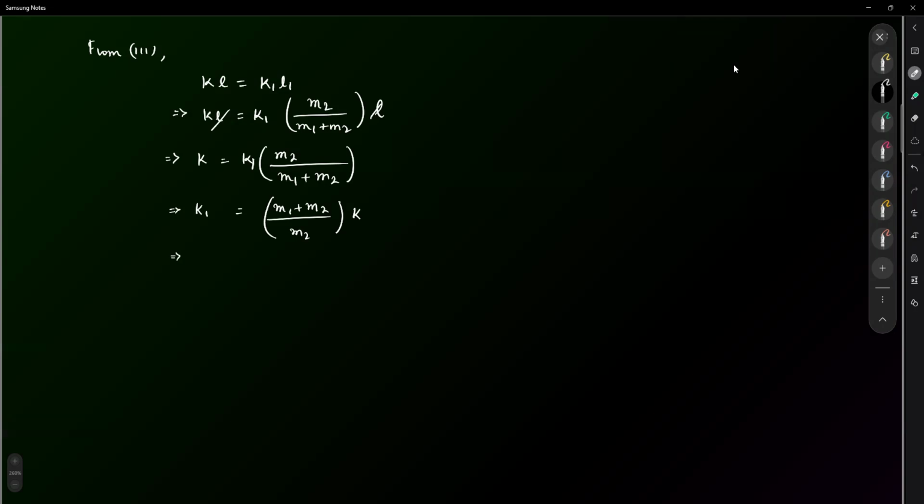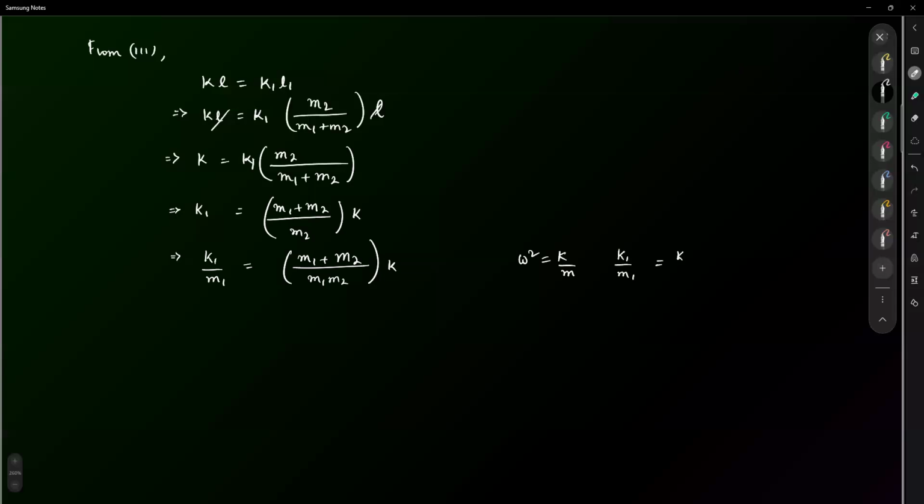Now, if I divide both sides by M1, what will I get? K1 by M1 equals M1 plus M2 by M1 M2 into K. Now, what do I know? That omega square is equal to K by M. And we also know that K1 by M1 is equal to K2 by M2.